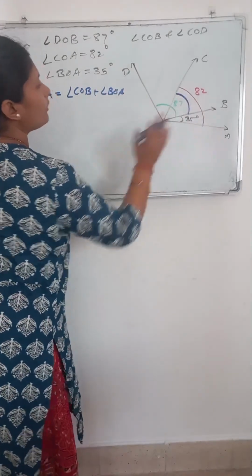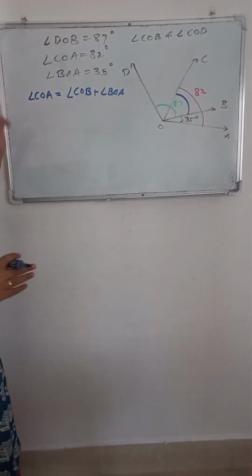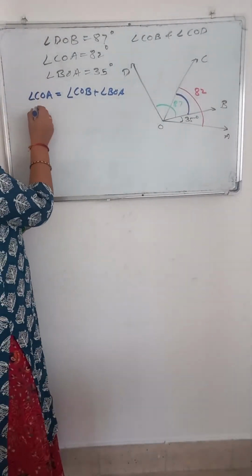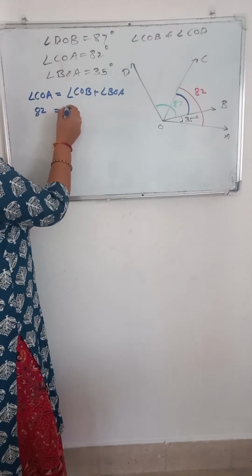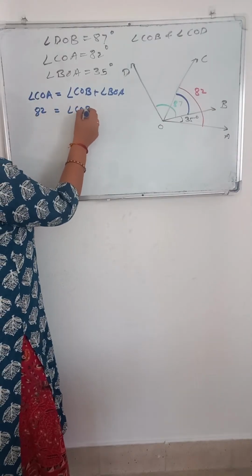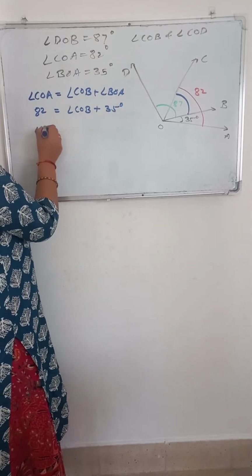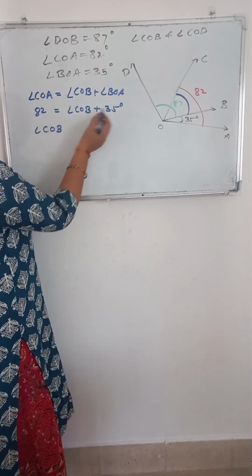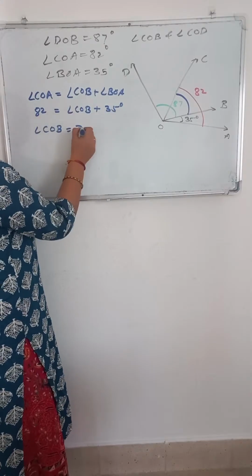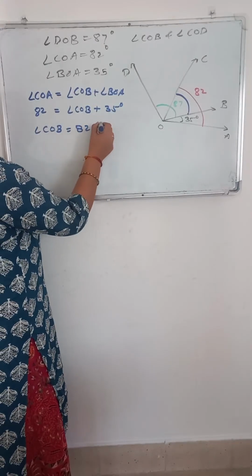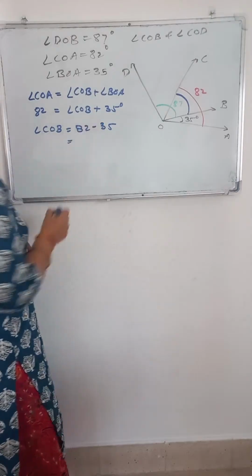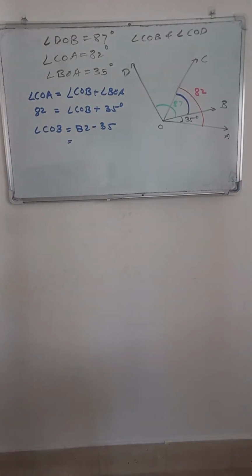This is the sum for COA. COA itself is 82 and angle COB I don't know, but angle BOA is given as 35 degrees. So from this we will get COB just by transposing 35 to this side. So 82 minus 35. Do this subtraction.